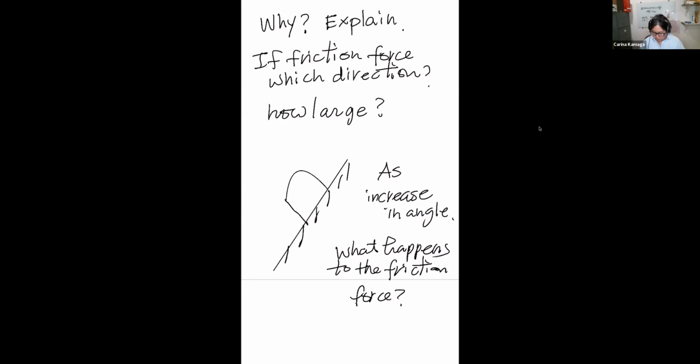Maybe at this angle, the object is about to slide. So what's happening? Do we have a friction force applied? Why? What's changing?